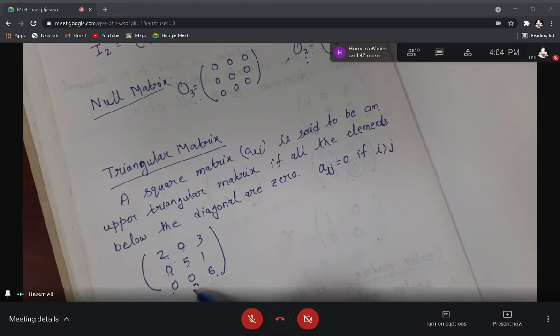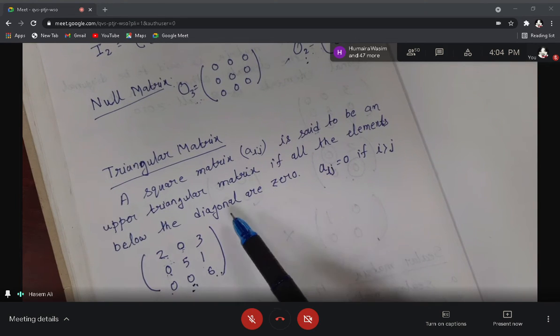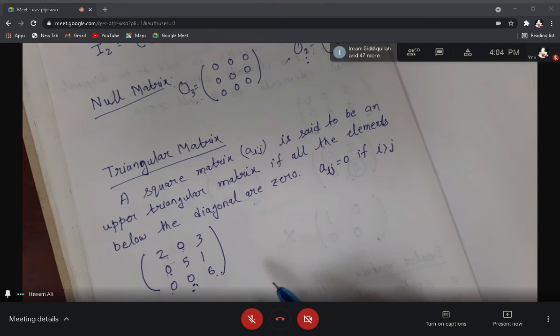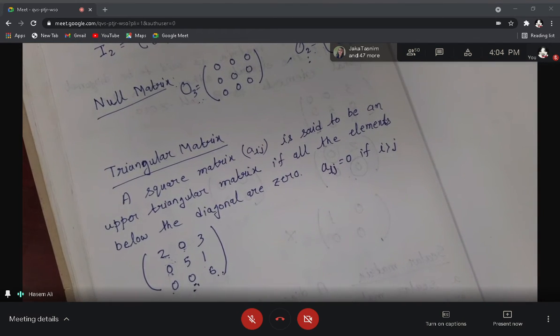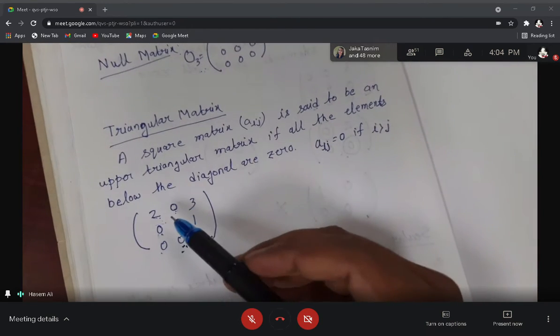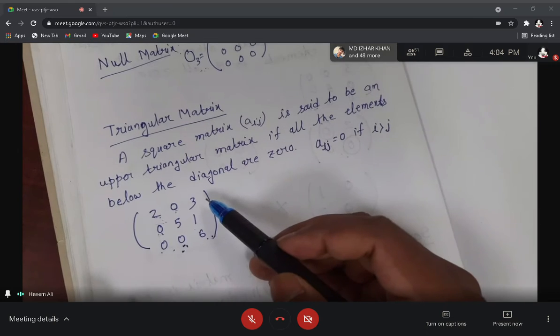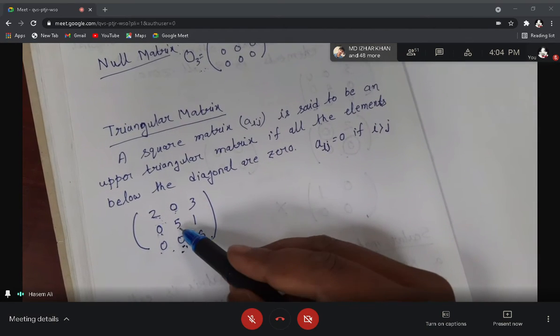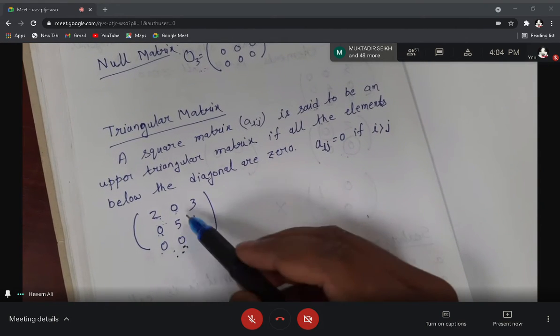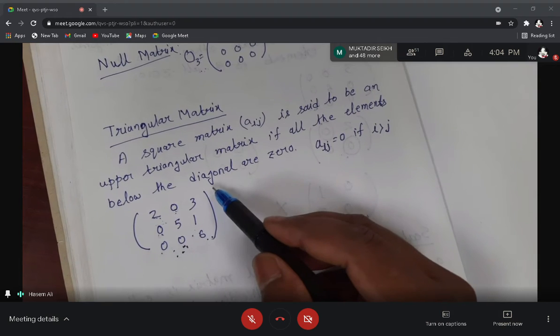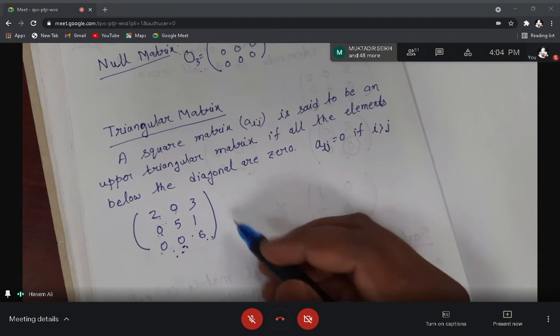Then the matrix is called an upper triangular matrix, with only the upper part.